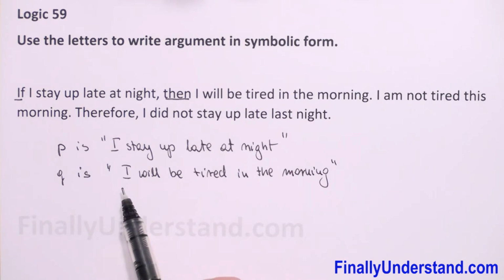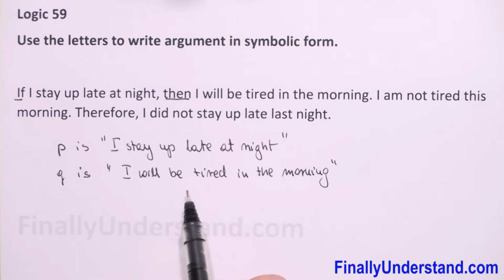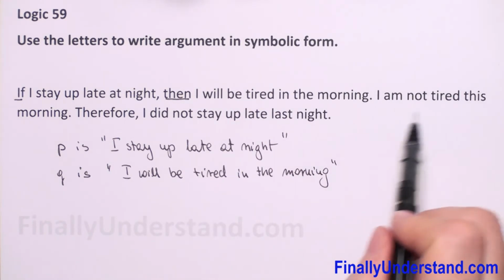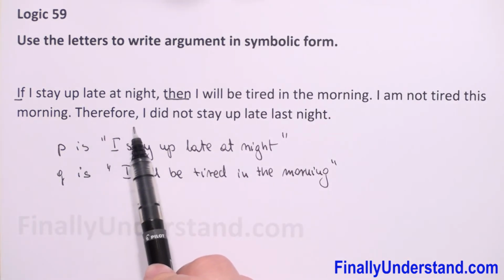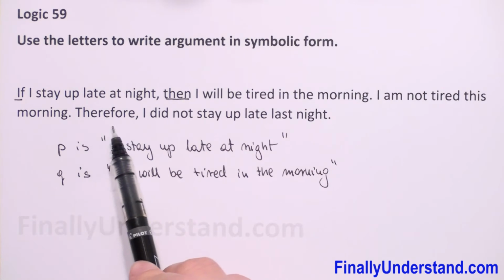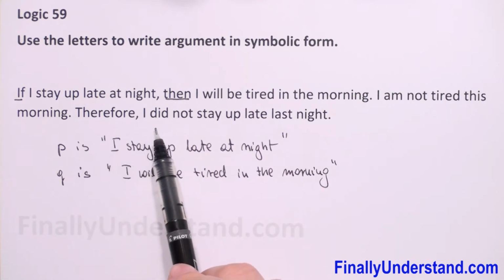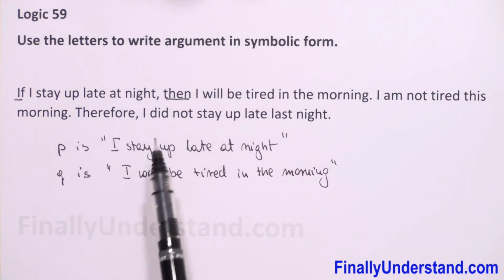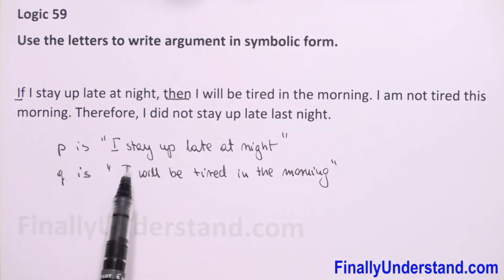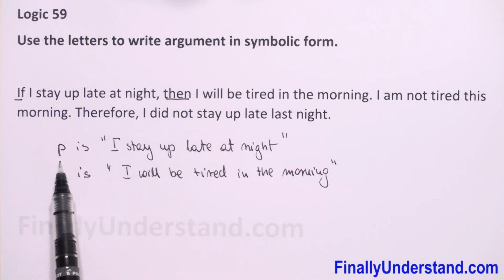So we have simple statement, I will be tired. So this is negation. So we don't have to write another simple statement. Next, we have therefore. For therefore, we always use 3 dots. And I did not stay up late last night is the same statement which we have, only we have negation of P.